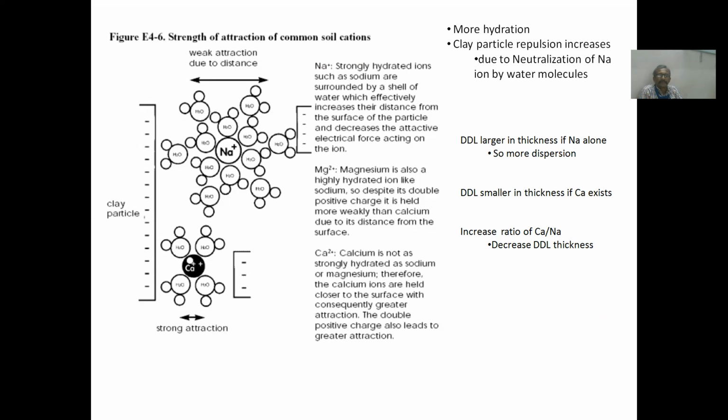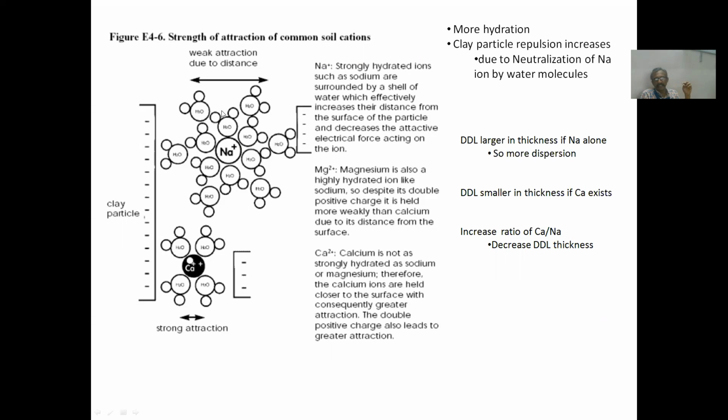With reference to each type of cation, like sodium and calcium, how the diffuse double layer size behaves should be understood. Sodium ions get too much hydrated.